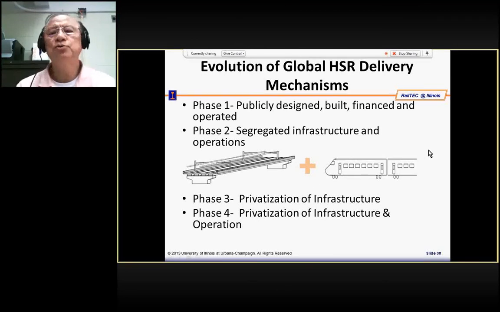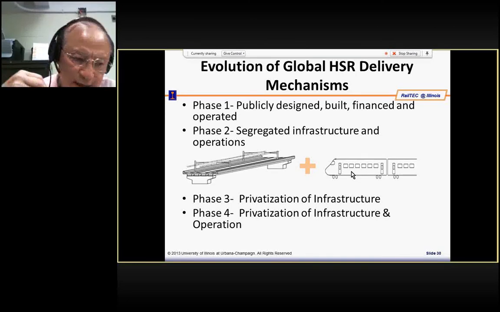This same new model also happened in Europe after 1980s, when the European Union tried to privatize, tried to liberalize the railroad business in Europe. And so the infrastructure owner and the operation are separated. Okay, so the infrastructure manager or owner can provide access to different operators, and then the operator only has to pay the access fee to the infrastructure manager, and they can move from one country to another country in Europe.